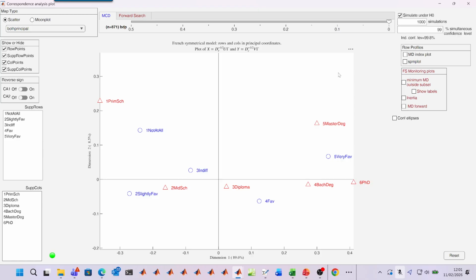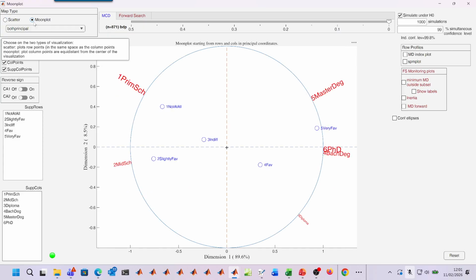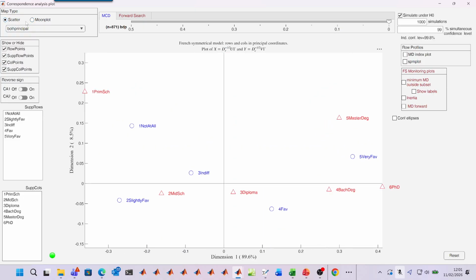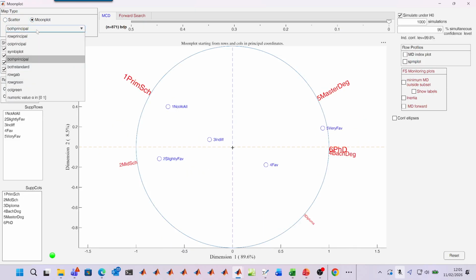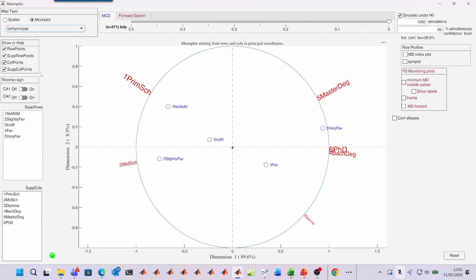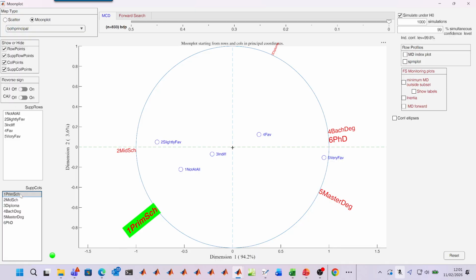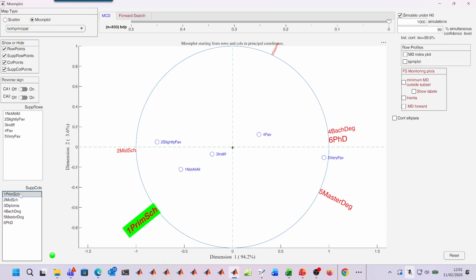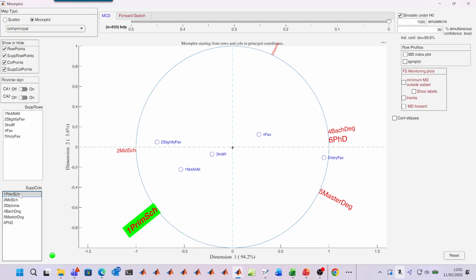And then the type of coordinates enables you to switch between moonplot and the scatter diagram, and then it enables you, for example, to leave out a particular row, because you want to see how the results change if you leave out a particular row or a particular column.